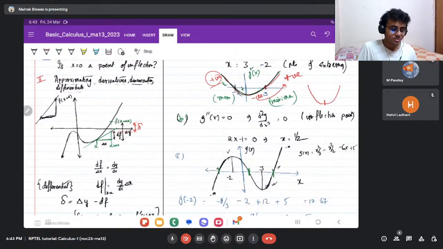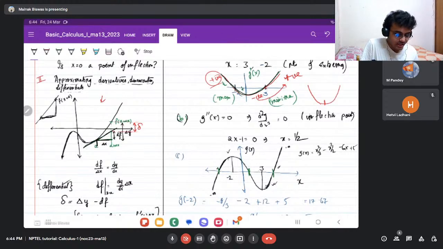Now, if we are to approximate this function, f of a plus delta x, how can you do that? That's what we will be seeing. You consider this graph here. If I take a derivative at this point, there is a tangent like this, right?